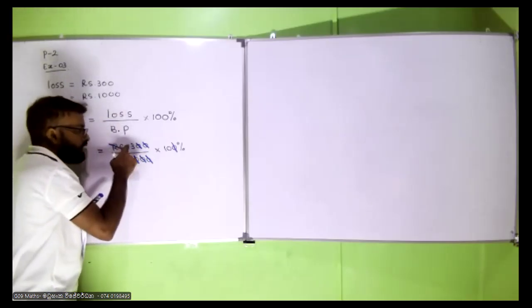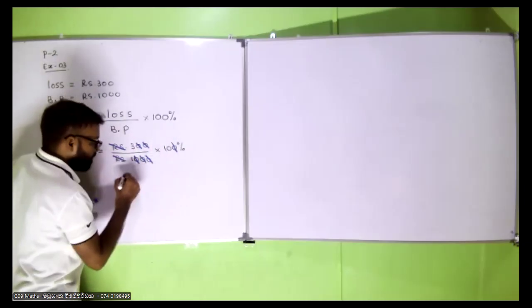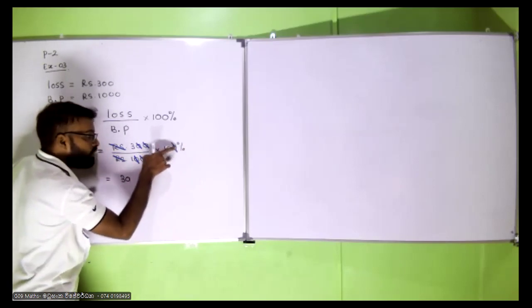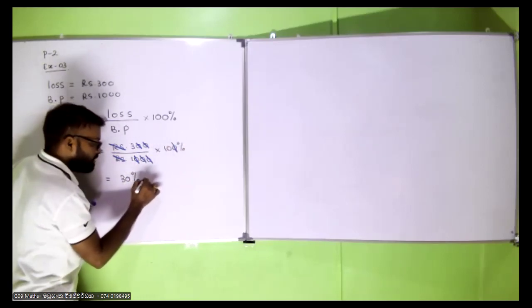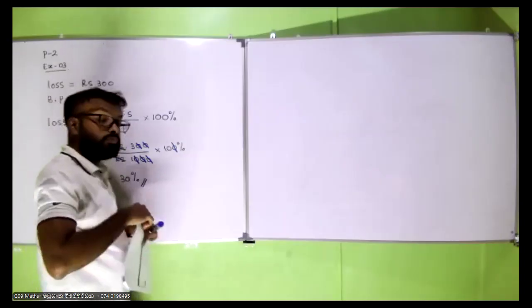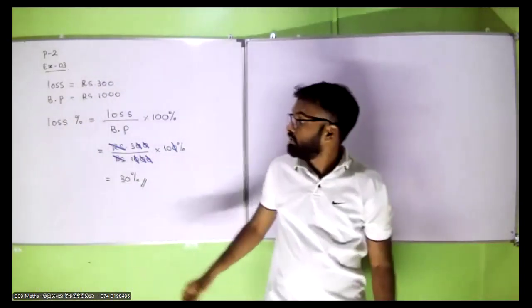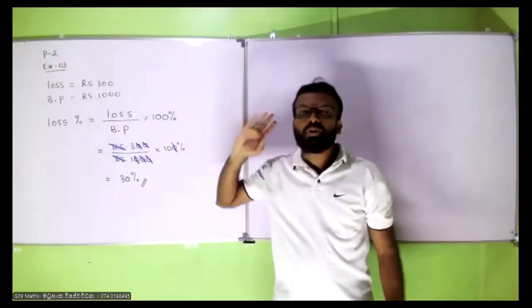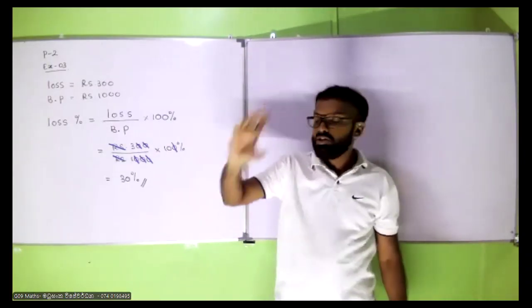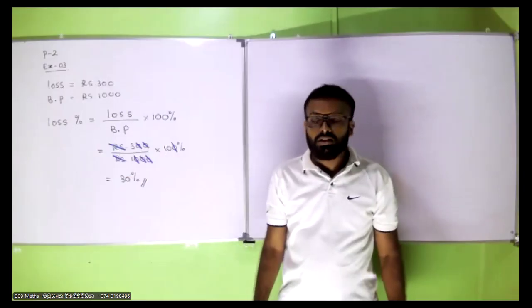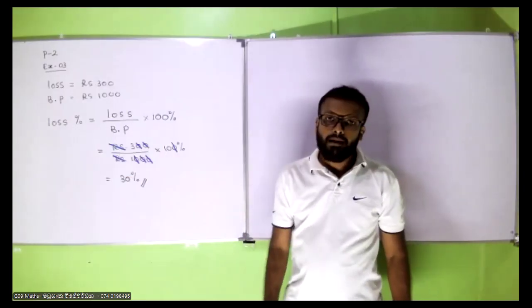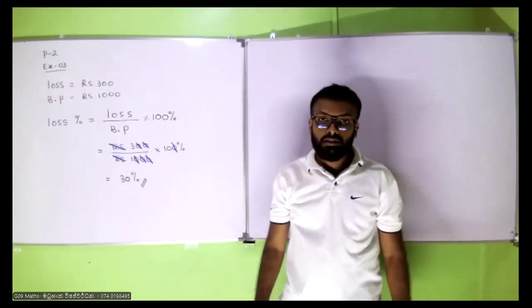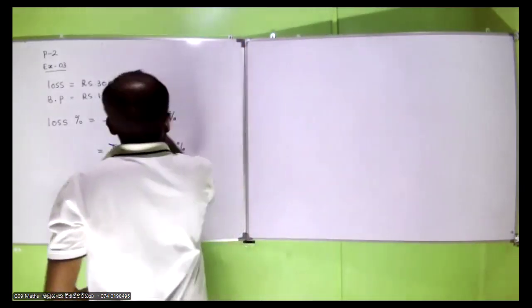So 3 times 10 is 30. Don't forget to put the percentage mark at the end, because this is a loss percentage. So the loss percentage is 30%. The seller incurred a loss of 30%. That is example number 3.